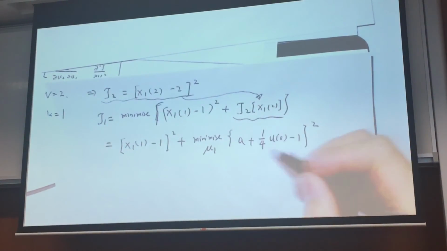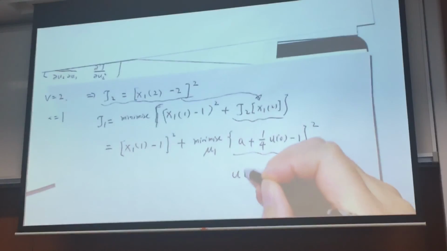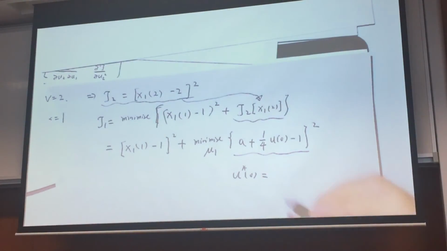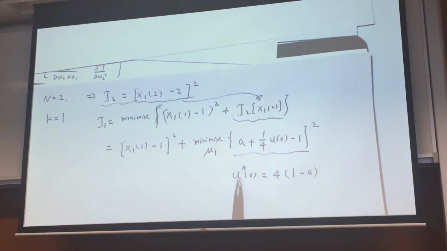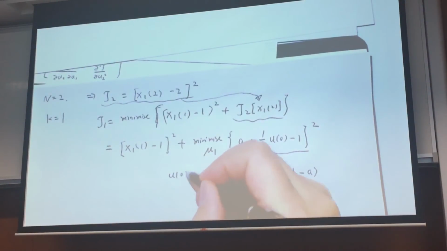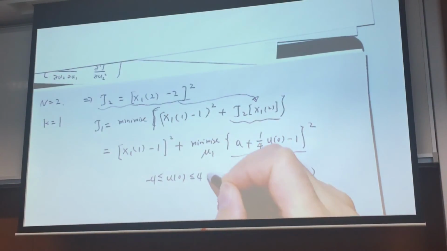From this simple equation, you know the u0 star is given by 4 multiplied by (1 minus A). This is the u0 star, but there are conditions, because we have the constraint on u0. Remember, we have u0 between minus 4 and 4.